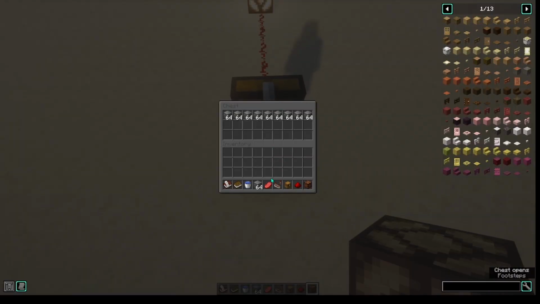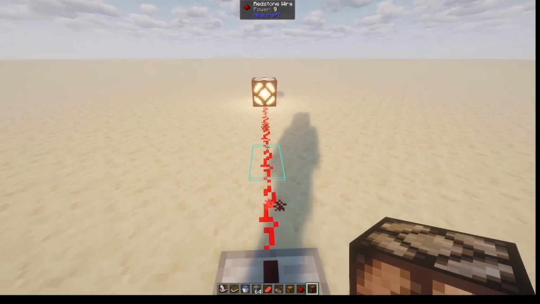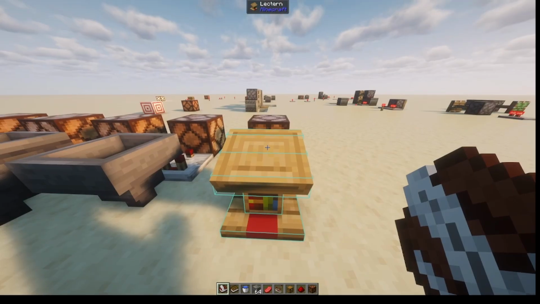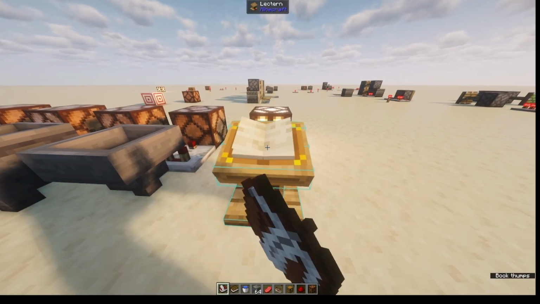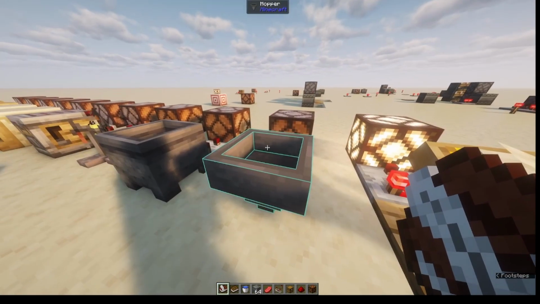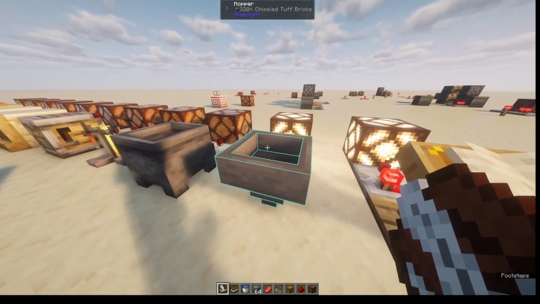And of course, if we were to fill it another third more, that should give us a power output of 10. Now, there are many different blocks that can be classified as containers. For example, a lectern holding a book, and depending on the number of pages in the book will tell you the signal strength of the redstone. Another one is a hopper. Again, depending on how many items there are, will tell you how powerful the redstone signal is.